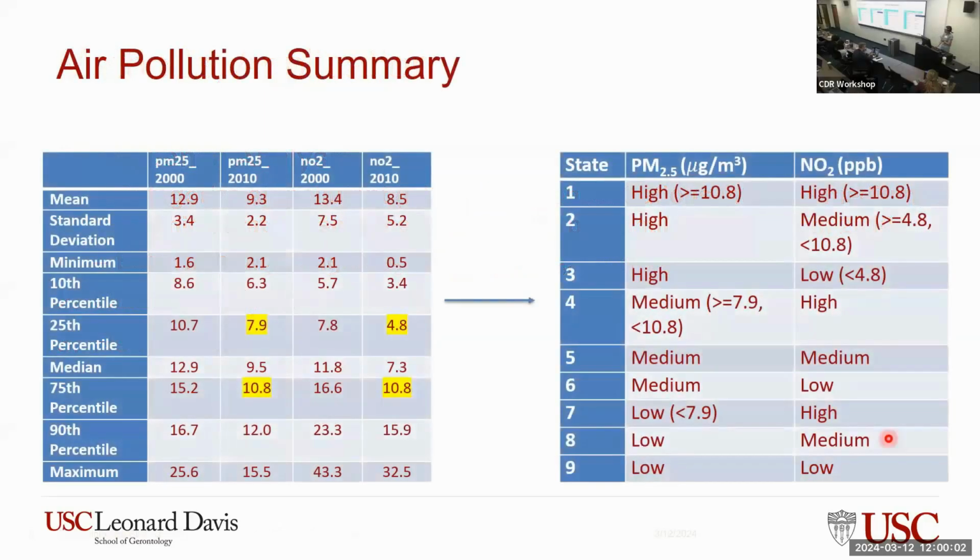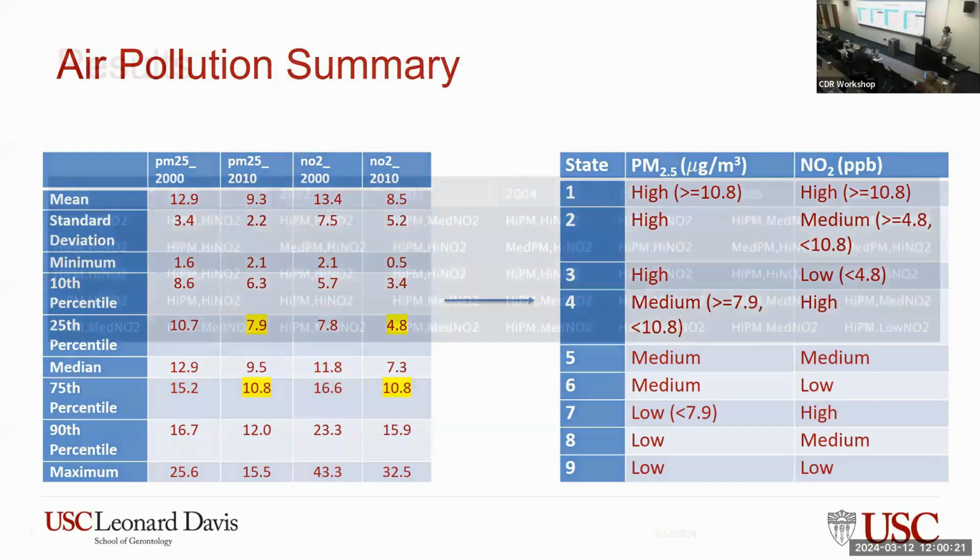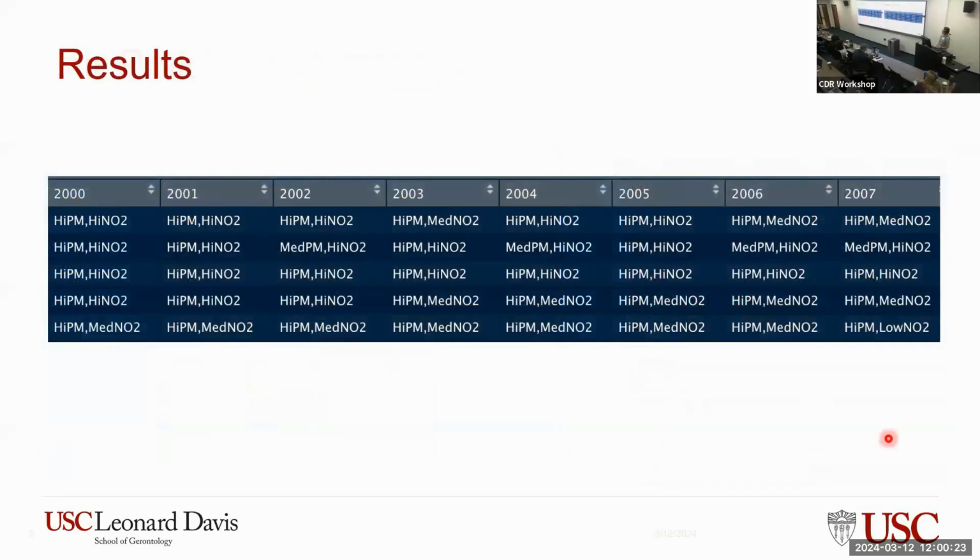Okay, so here on your left, you'll see just a quick summary of pollution in 2000 and 2010 for PM2.5 and NO2. I highlighted the cutoffs that I've used, the 25th and 75th percentiles, and then we'll create mutually exclusive states. So you've got high-high, medium-high, low, and so on and so forth. Okay, so this is what your data set will look like.